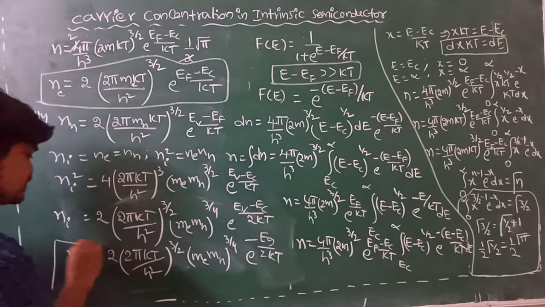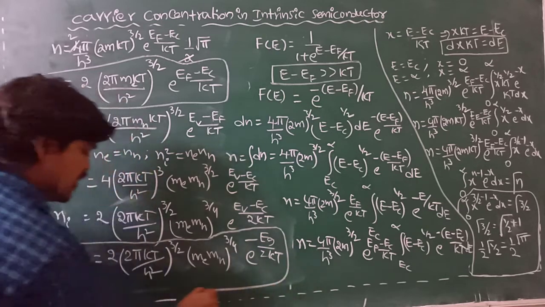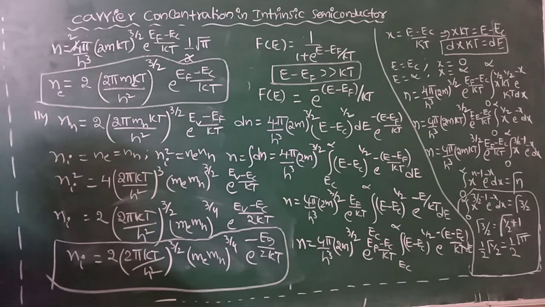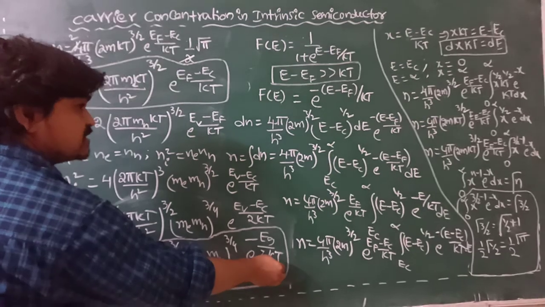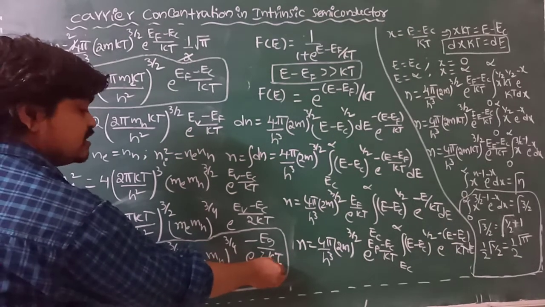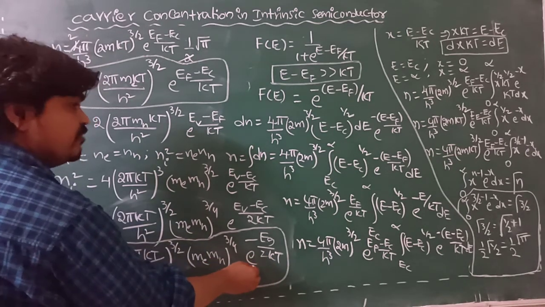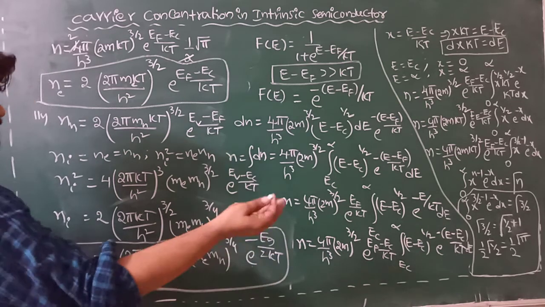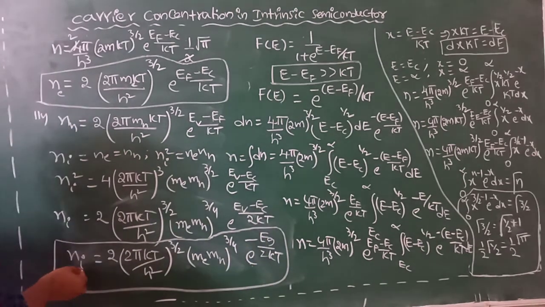So this is the expression for carrier concentration per unit volume in the intrinsic semiconductor. This expression tells us that when temperature increases, this value rises, which means the Ni value rises.